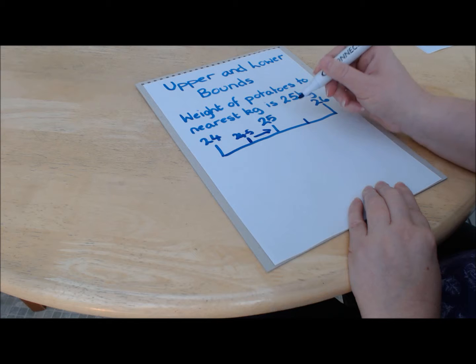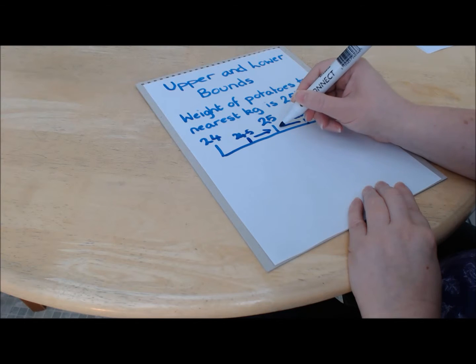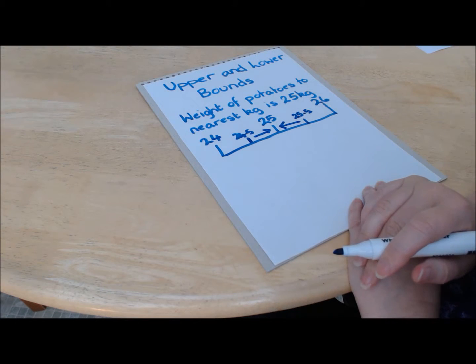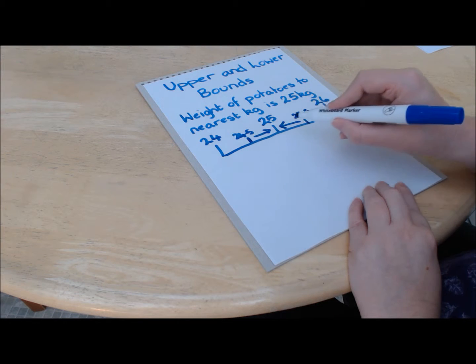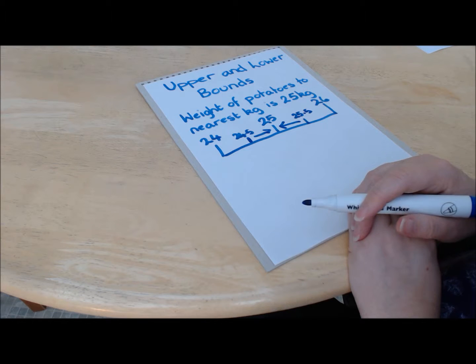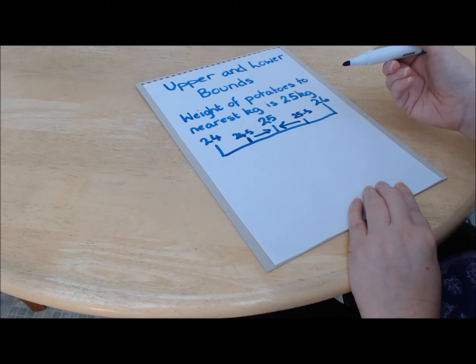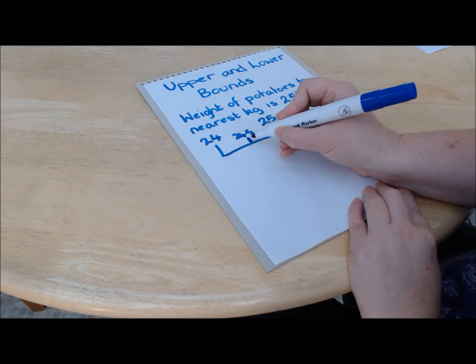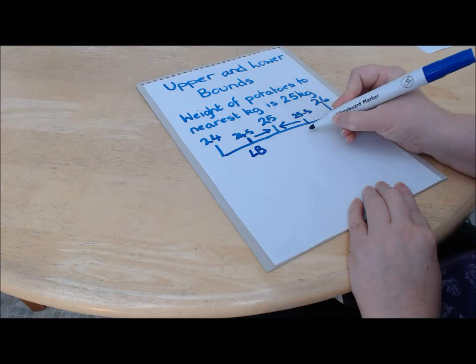Similarly on this side, anything smaller than 25.5 would have rounded down to the 25. So here are our bounds of how big or small the weight of the actual potatoes could have been based on the level of rounding that's been done. So this here, 24.5, is our lower bound, and this here is our upper bound.